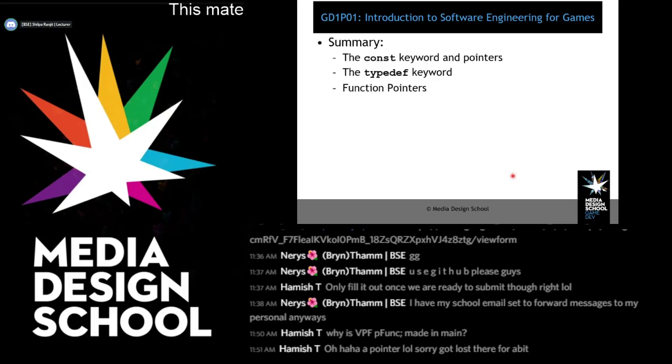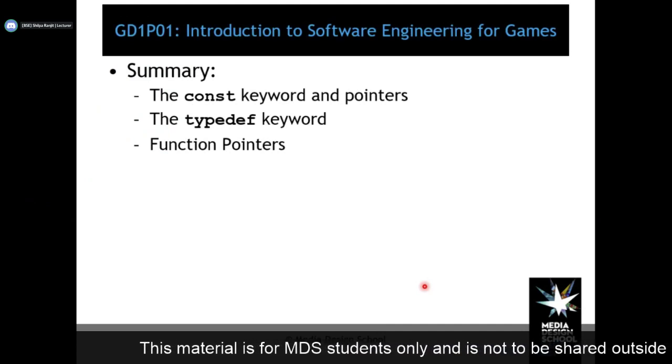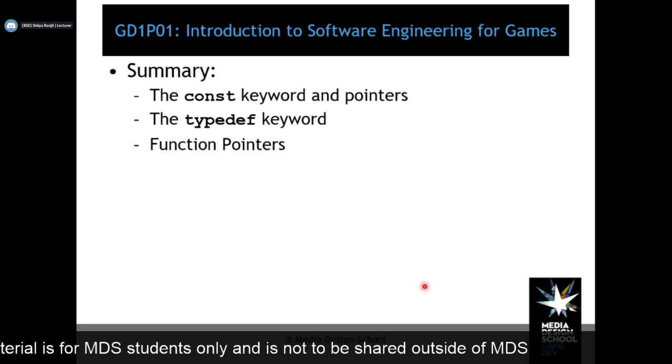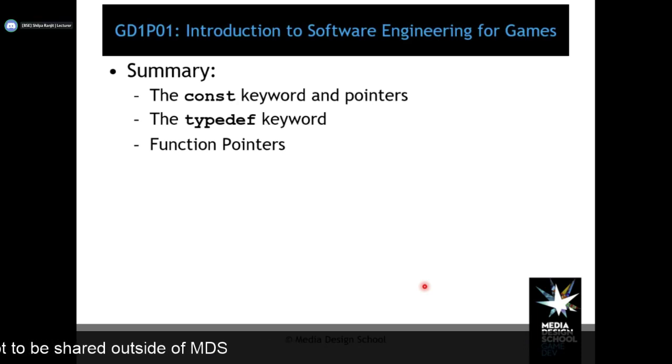So yeah, that was what is there in this lecture. So we have seen about the constant keyword, about constant pointers, about how a constant pointer can point to a non-constant variable, and how a normal pointer could point to a constant variable, and how a constant pointer could point to a constant variable.